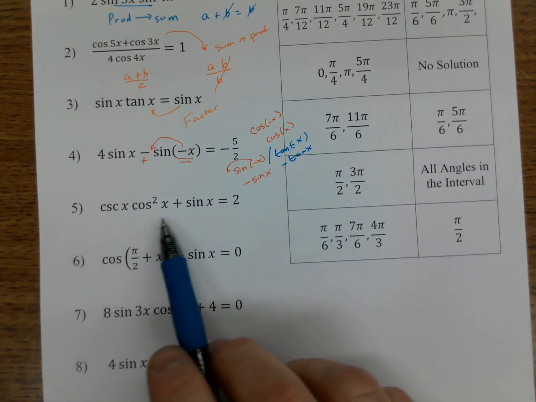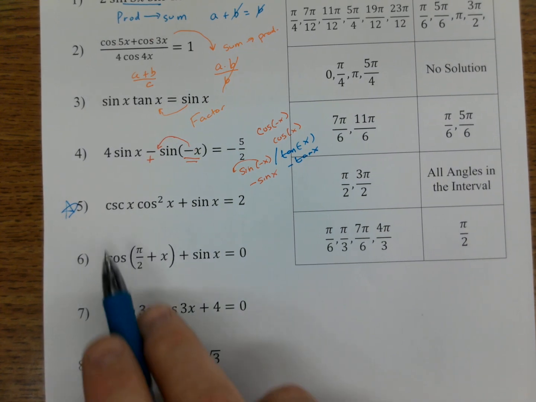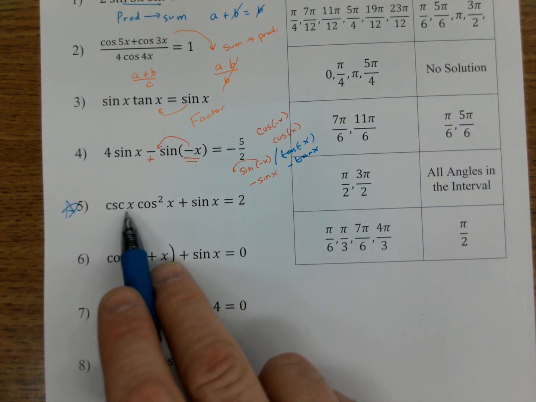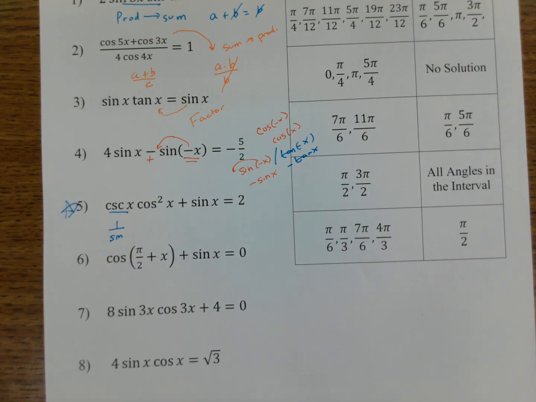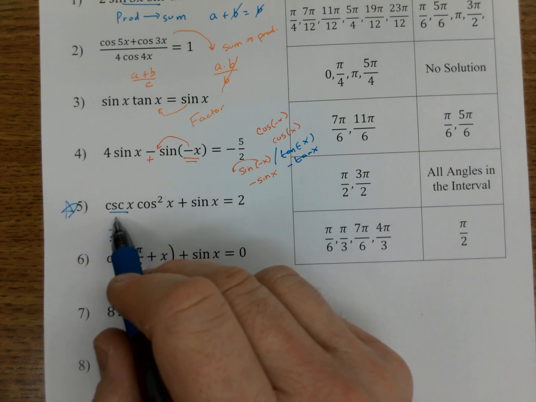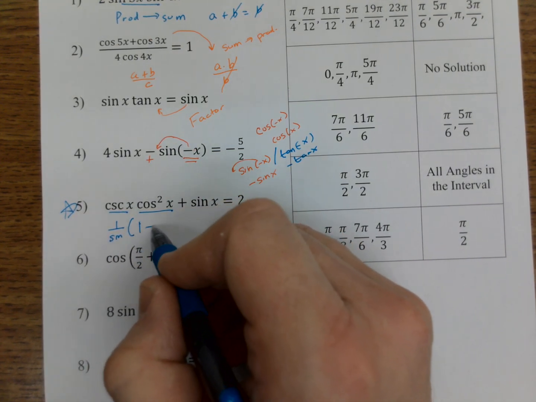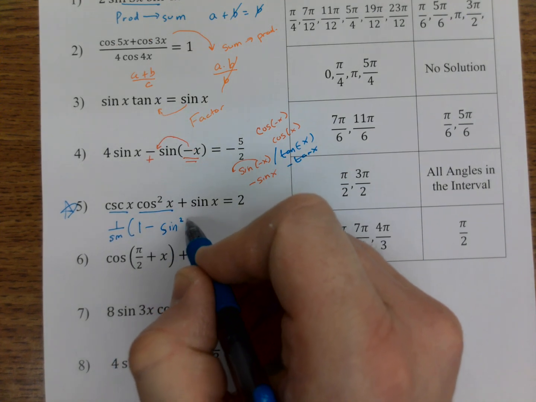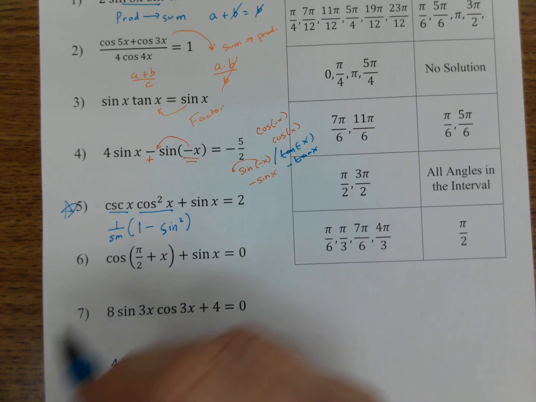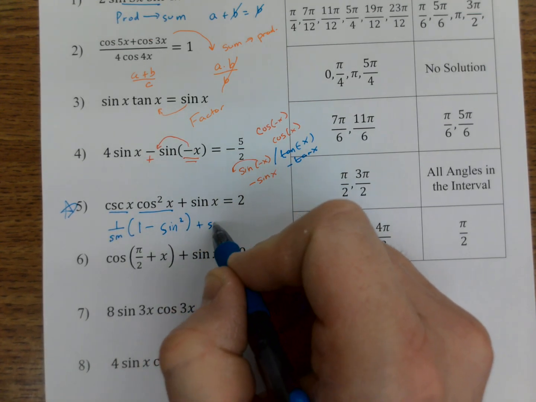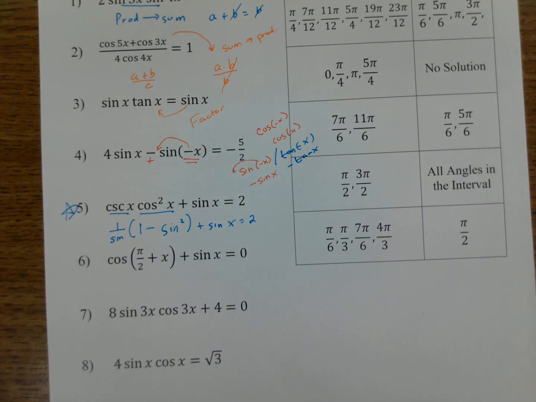All right, but what do we have here? I'd say this is probably the most difficult one I have on here. Well, I'll give you a couple clues here. This one is 1 over sine, cosecant, 1 over sine, and I would go ahead and change that to 1 minus sine squared, plus sine x equals 2, and I think you might be able to get somewhere with that.